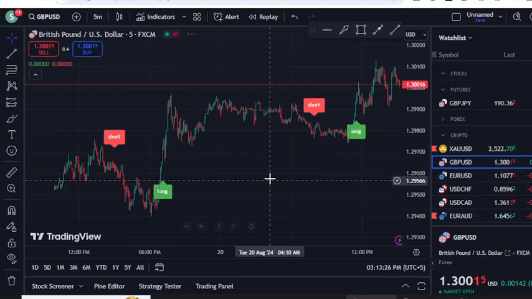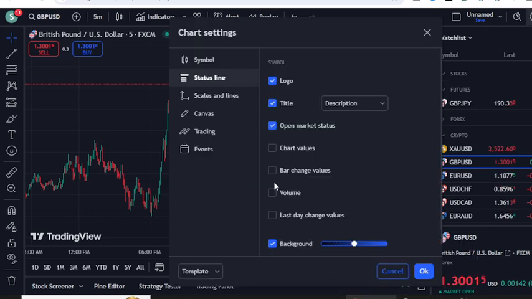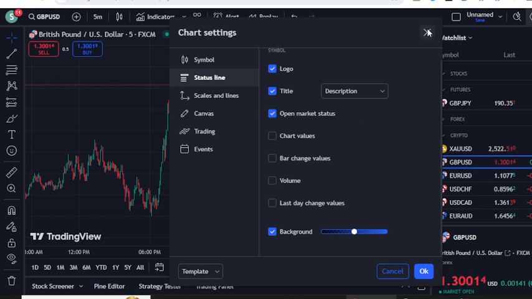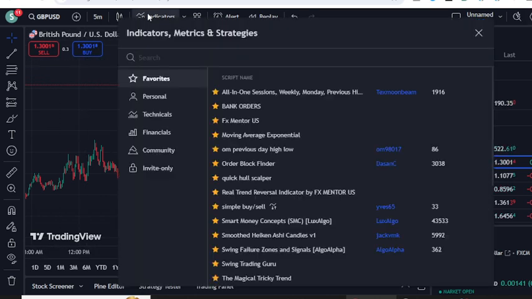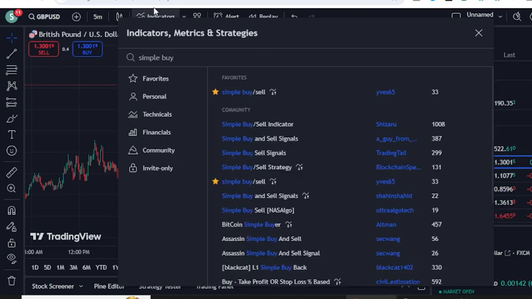Okay, guys, so when we talk about this strategy, first of all, I'm going to remove it from the indicator section, and then we will attach this indicator again. So you need to write simple buy sell, buy slash sell, on TradingView.